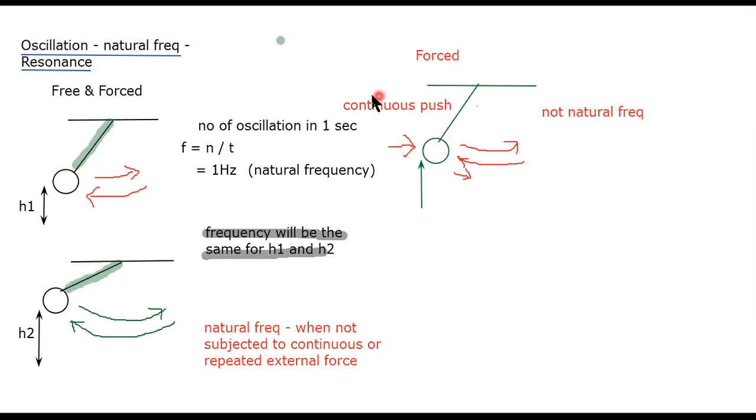Now this forced oscillation is not necessarily from you pushing it, not necessarily directly from an external force. It can be two objects placed together. For example, let's say I have a tuning fork. In case you don't know what a tuning fork is, it's something used to tune musical instruments.